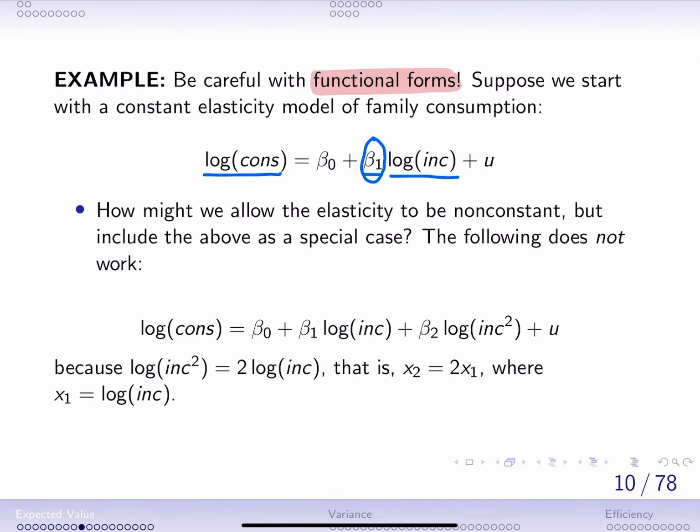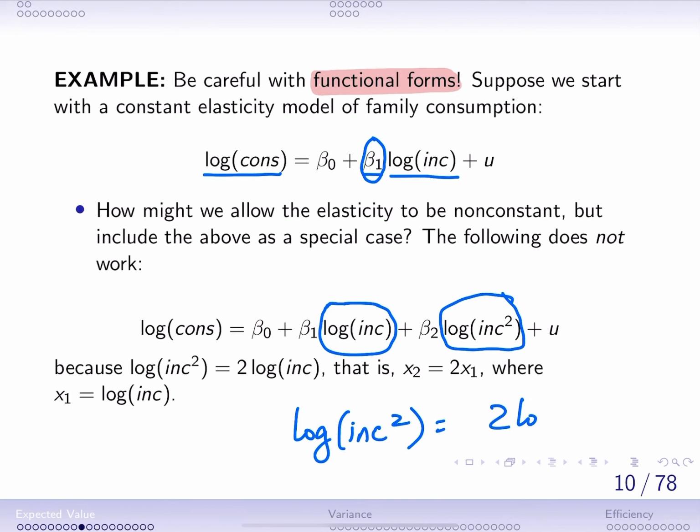So you don't want to do something like this. Let's say we introduce log of income squared here, instead of in addition to log of income. Notice that log of income squared can be written as 2 log of income. And log of income here is just your x1.